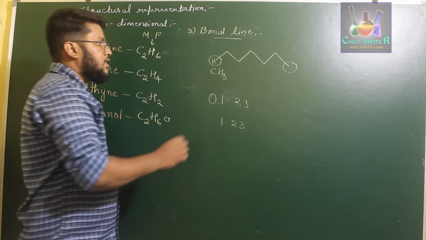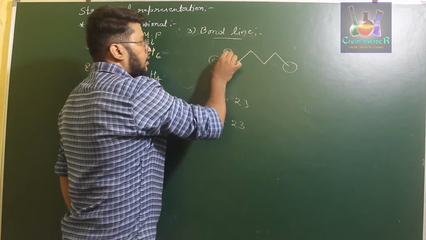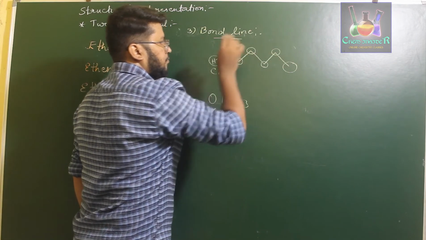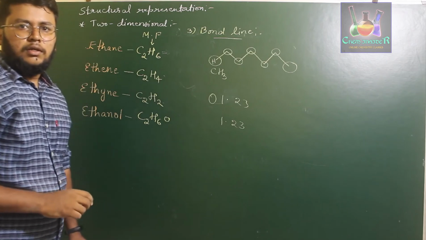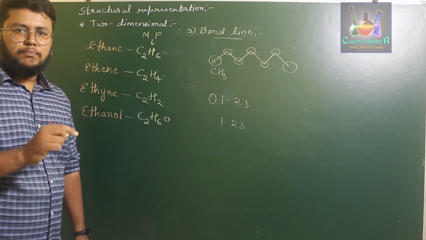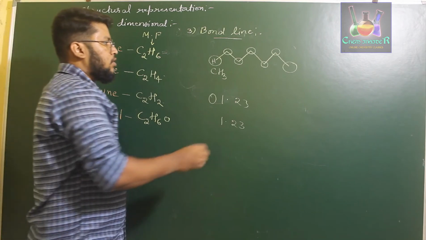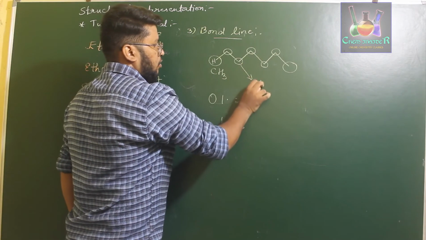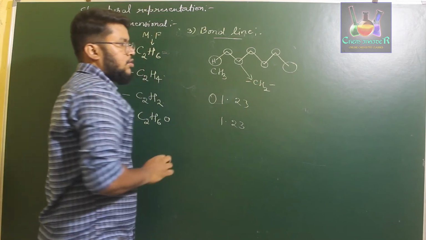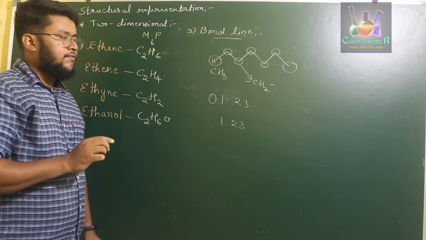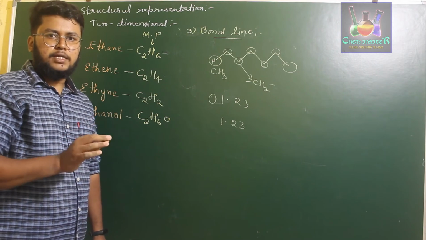Next, the zigzag terminals, the ones at the nodes; these are called the nodes of the zigzag bond line structure. The upper positions and the lower positions are called the nodes of the structure, and each of these nodes represents a CH2 group, provided there is no functional group present.